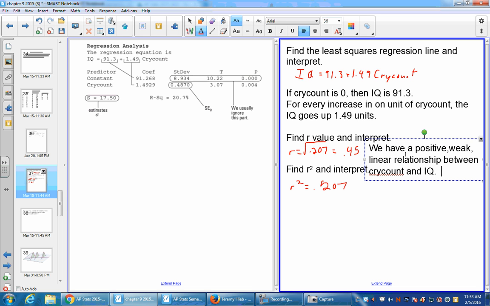So there's a relationship. It's not a super strong one, but it exists. And remember, when we're interpreting an R value, we want to talk about the direction, the strength, and the form to get those.